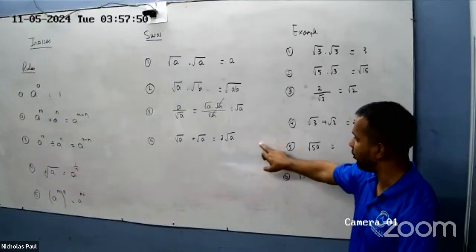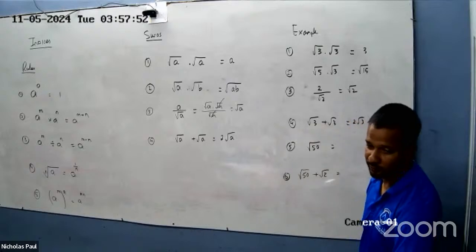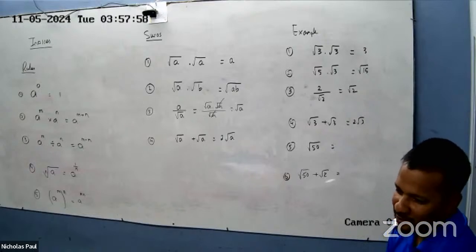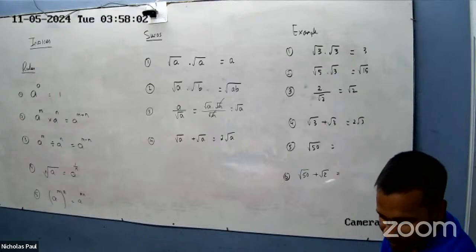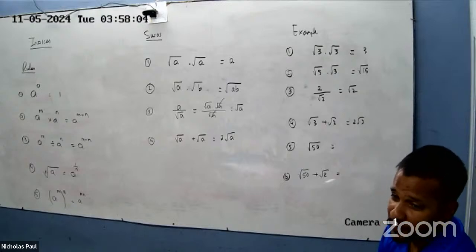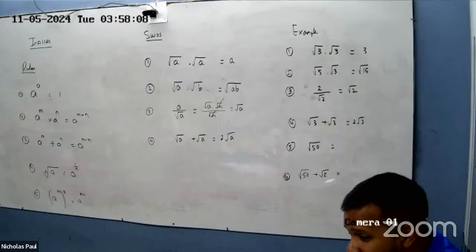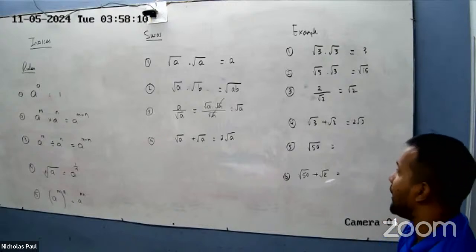Which one? Number 4? How? Close. Not plus. Write it down. What do you think, Dominic? Root 5 by root 10.